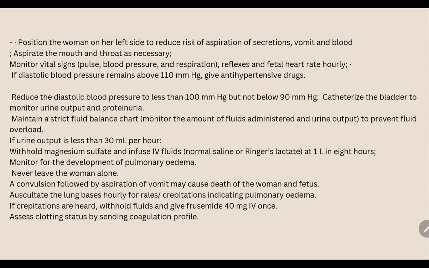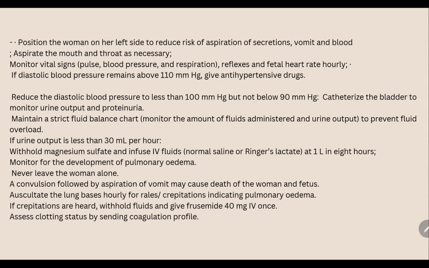Okay. So first thing, now you have to think that a patient has come and the patient is having convulsions due to eclampsia. So the first thing that you will do is position the woman on her left side to reduce the risk of aspiration of secretions, vomit or blood. Then aspirate, that is suction the mouth and throat as necessary.